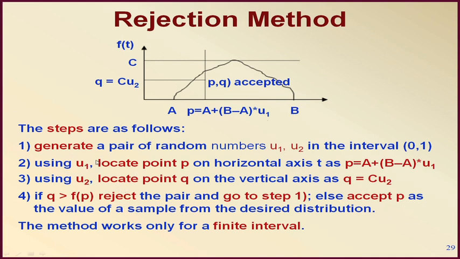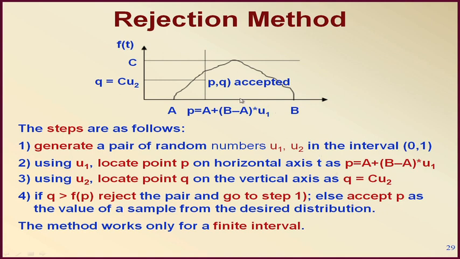Using u1 locate point P on the horizontal axis, that is P equal to a plus (b minus a) times u1. This is the point P. Using u2 locate a point Q on the vertical axis, Q equal to c times u2. If Q is greater than f(P), then reject the pair and go to step 1, else accept P as the value of a sample from the desired distribution.